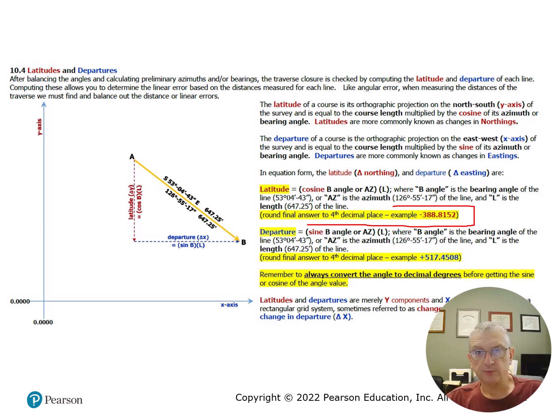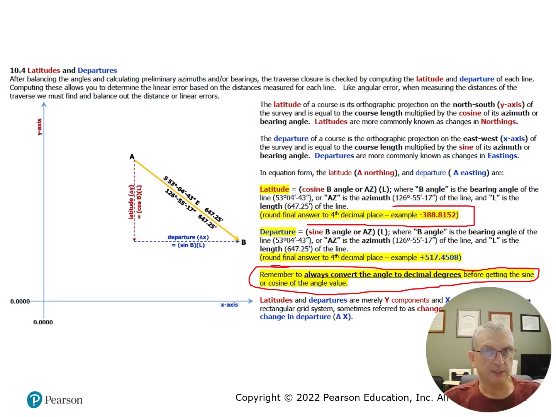We'll carry them to 4 decimal places in this class so that people will not lose to rounding error. Remember to always convert your angles to decimal degrees. Don't trip up and use your minutes and seconds. There's a lot of conversion back and forth, but it's really not that hard. You just have to take your time and make sure that you understand it.